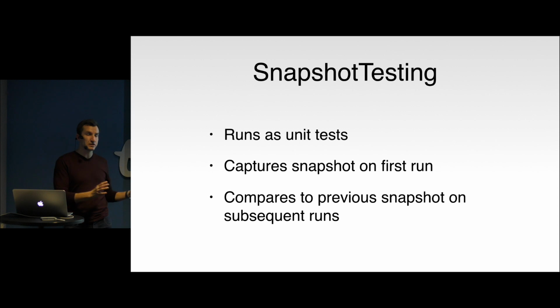But it then saves that snapshot. You commit those snapshots of your test to your repository together with your code. Those become your fixtures for the tests. And on later runs, it just captures a new snapshot and compares that to the old one that you have saved. So it's a really easy concept, right?